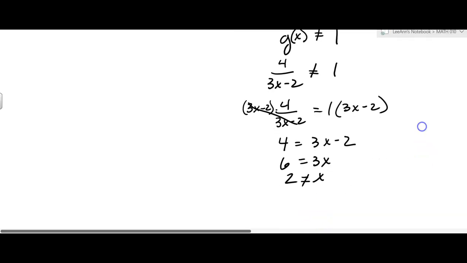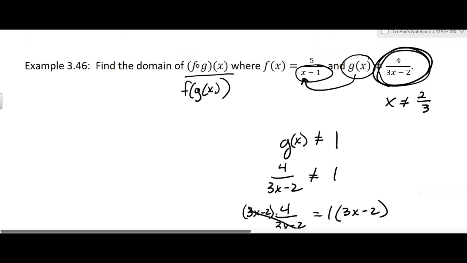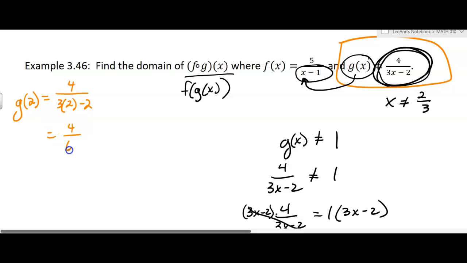Okay, because if you put in a 2, let's look at what happens. I'm going to go back to the original stuff here. If I find g of 2, I'd have 4 over 3 times 2 minus 2, and then I'd have 4 over 6 minus 2, I'd have 4 over 4, and that would be 1, right?